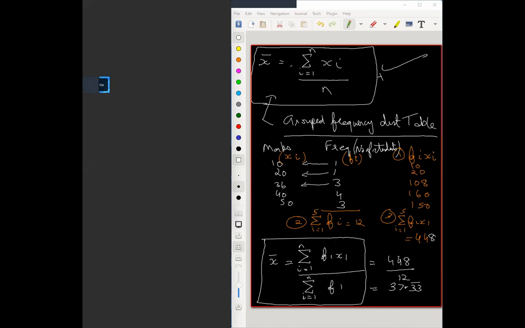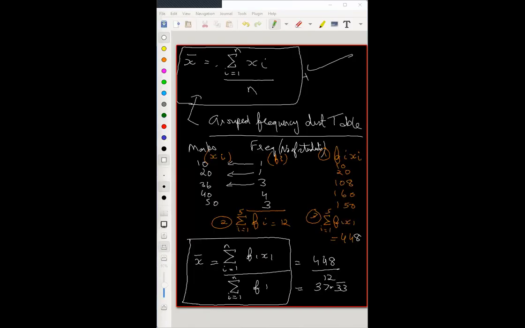All these are formulas you need to memorize. So for mean, we've done 3 different formulas. One is the sum of all the observations upon the number of observations. The second is sigma i equal to 1 to n of xi upon n. And the third is sigma fi xi upon sigma fi. Quickly solve this.